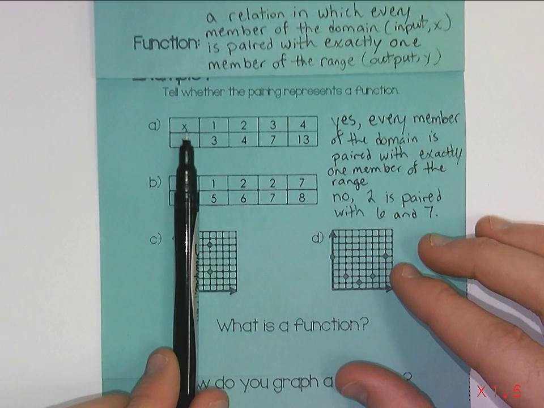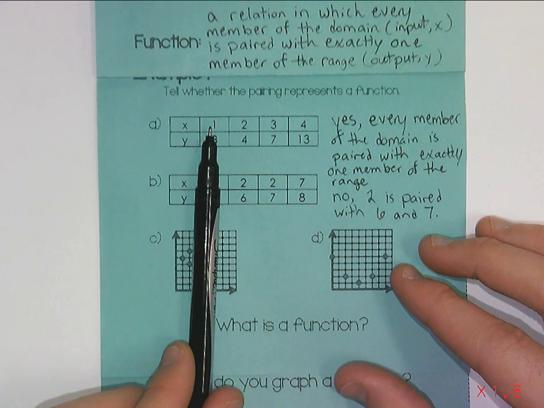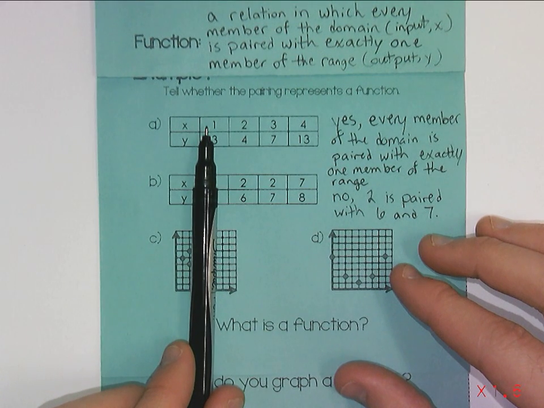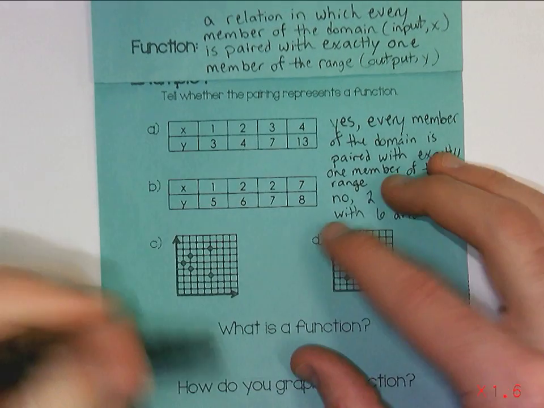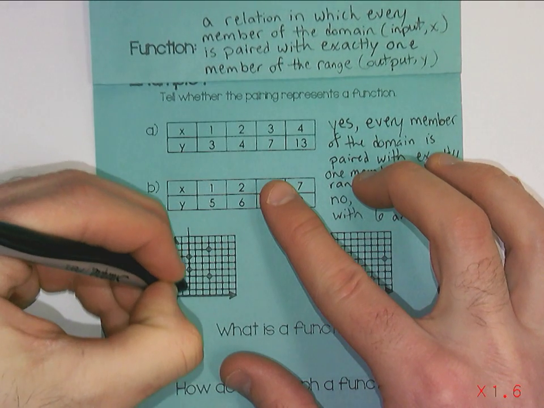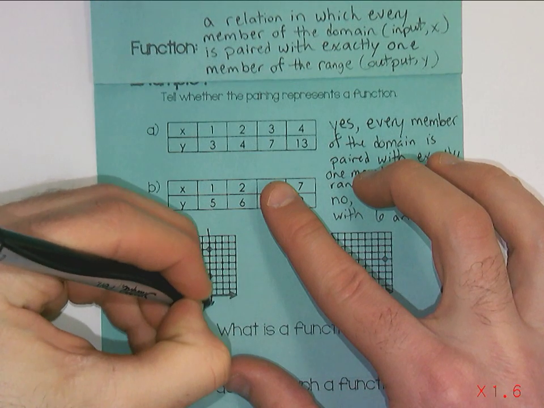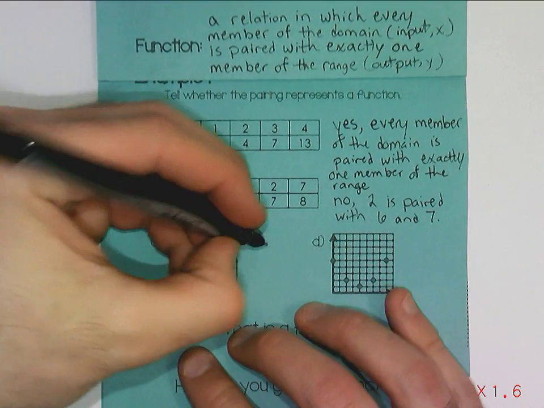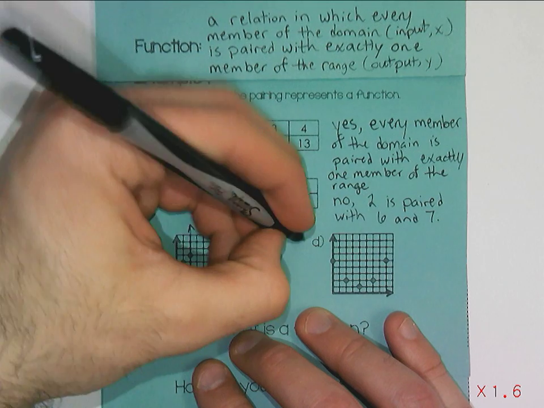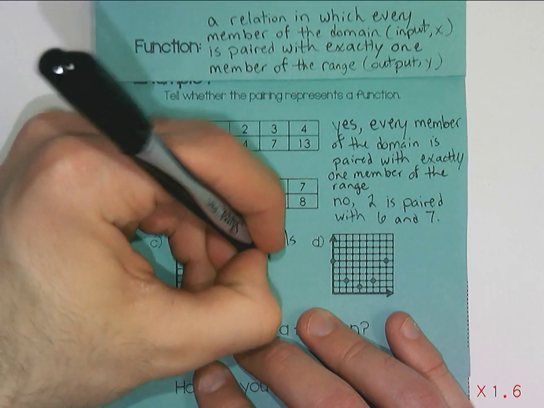But if I do that, what I notice is that if I drew a vertical line through this spot here, it would go through two different points. And that's not okay. Same thing happens here. If you want to draw that in to show yourself, you can absolutely do that. So in two different spots, this fails the vertical line test. So no, we could say it fails the vertical line test.